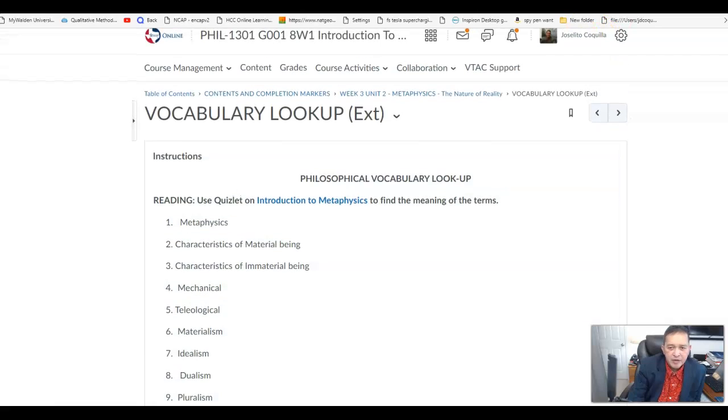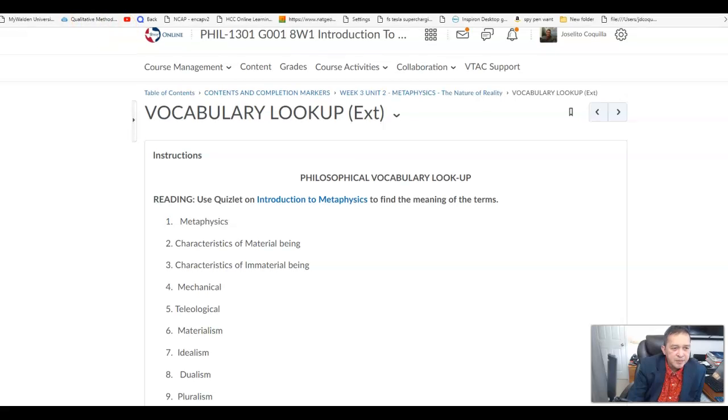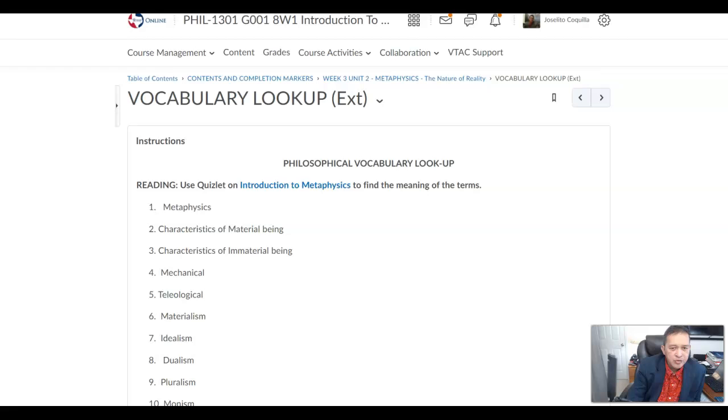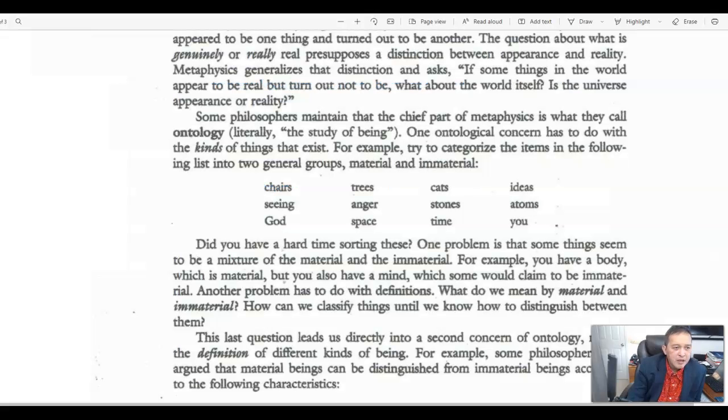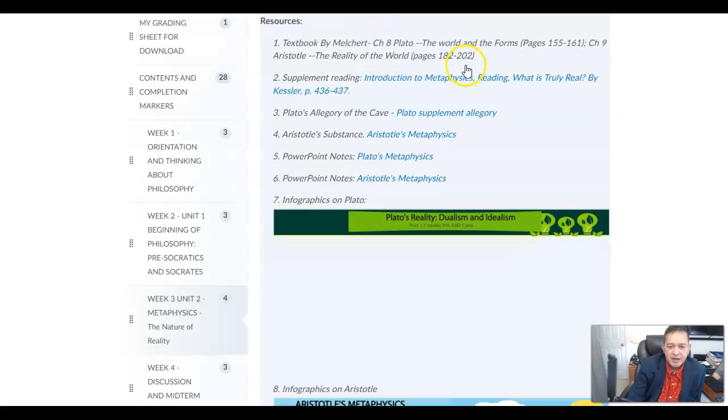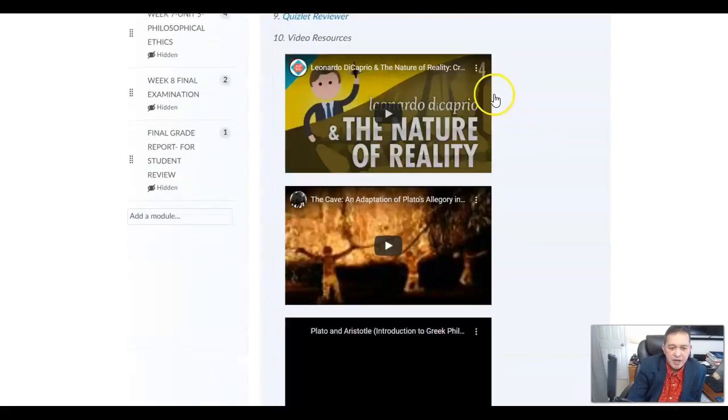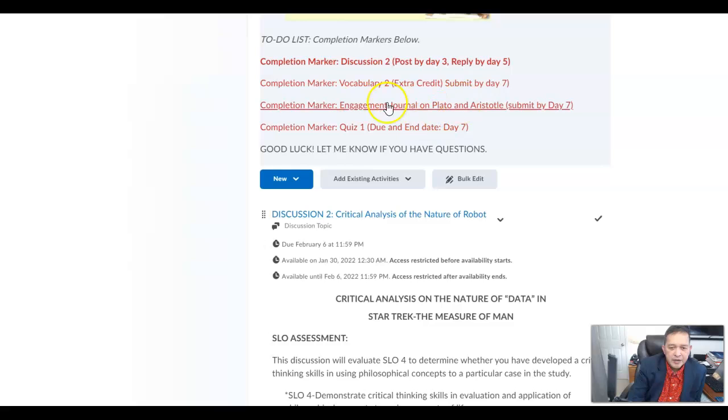Now, I have already explained how these journal ideas can be understood. Okay. And we have already explained Plato and Aristotle. So if you study them and master the articles and Plato and Aristotle, then you will be ready for the quiz by the end of the week.